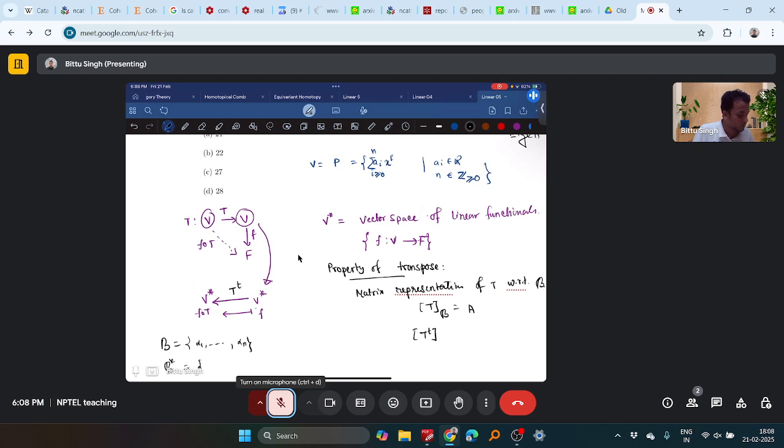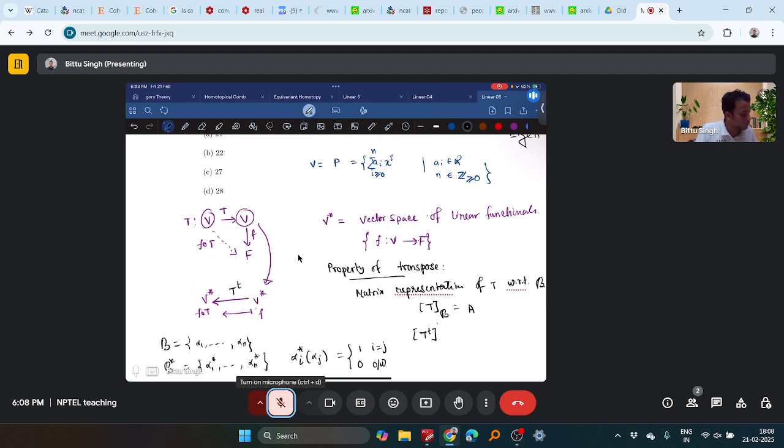It will look like alpha 1 star up to alpha n star, where alpha i star is defined by alpha i star acting on alpha j giving 1 when i is the same as j, and otherwise 0.